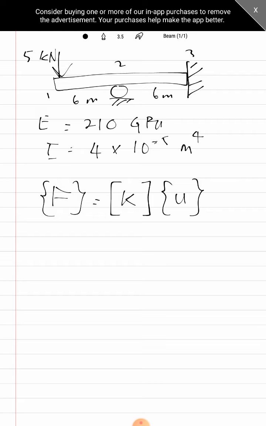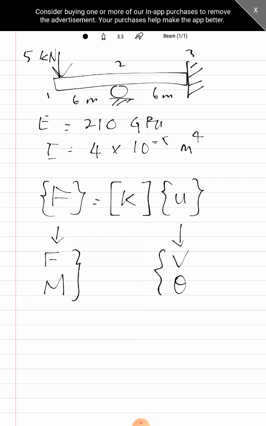Okay, so for beam, F here is shear force and bending moment, and for U, the nodal displacement for beam is the vertical displacement V, or displacement in Y direction, and also the theta, or the slope or the rotation. These two are caused by the force here. Alright, so this is the only difference between beam and truss.